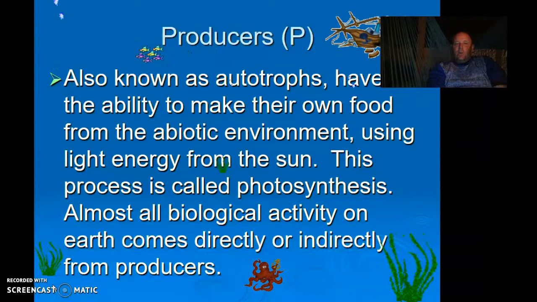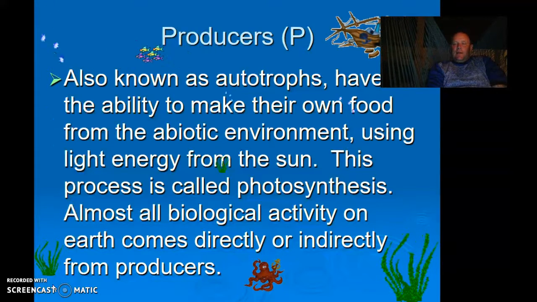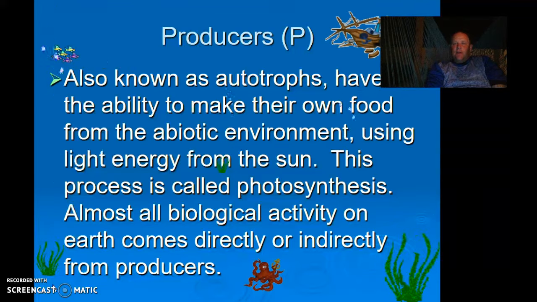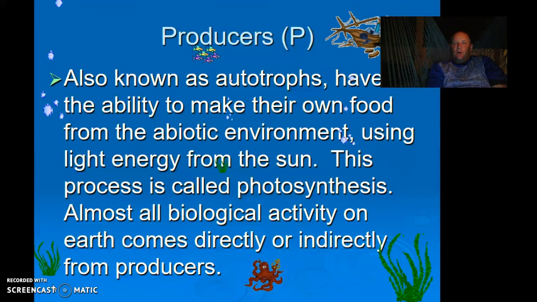Almost all biological activity on Earth comes directly or indirectly from producers. I taught this last year, and when it comes right down to it, all of the biological activity comes from producers.